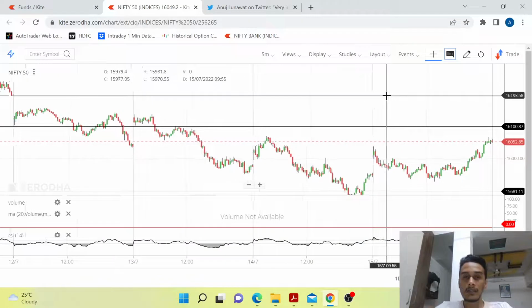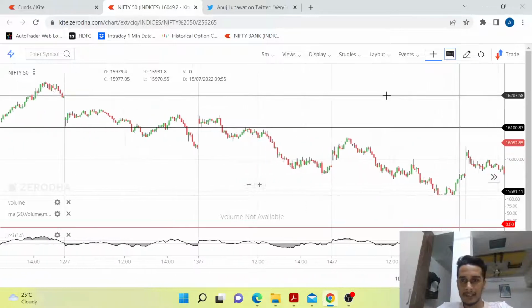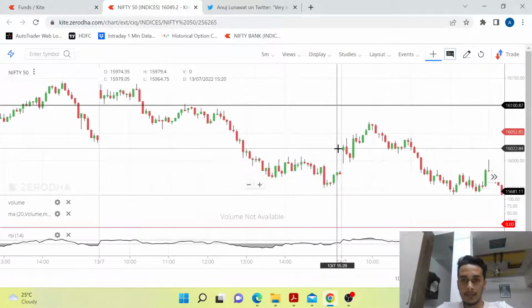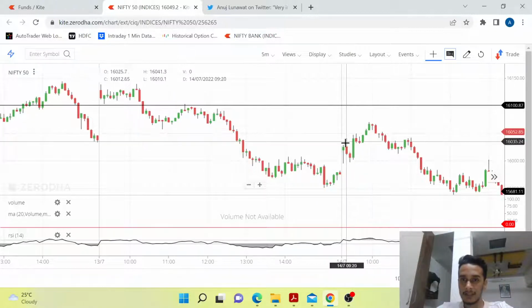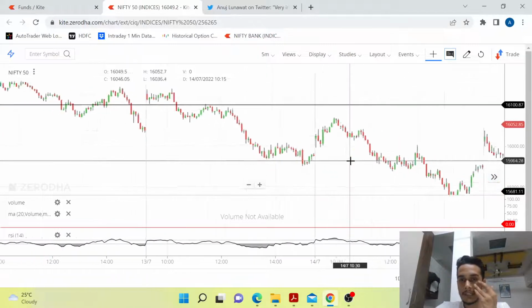The rules are basically all the technicals, Dow theory and all. Here, even though we made a higher high, we made a low which did not breach the day's low.